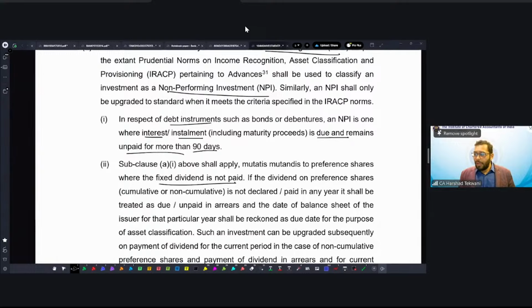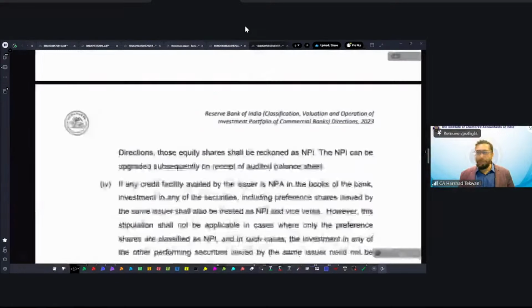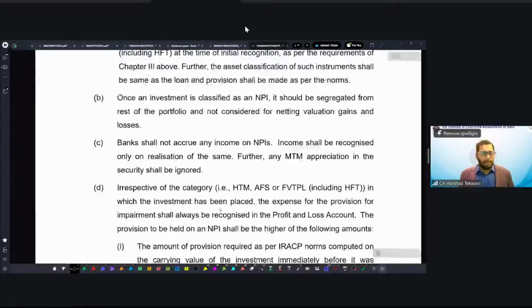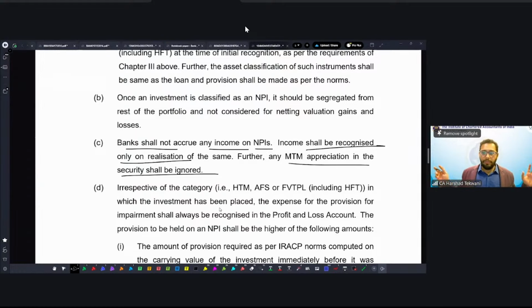So for each and every category of investment, you need to see whether this investment is an NPI or not. And if this investment is an NPI, in that case, simple: the bank shall not accrue any income on the NPIs. Incomes are required to be recognized on realization. And if there is any M2M, mark to market appreciation for these investments, that is also required to be informed.